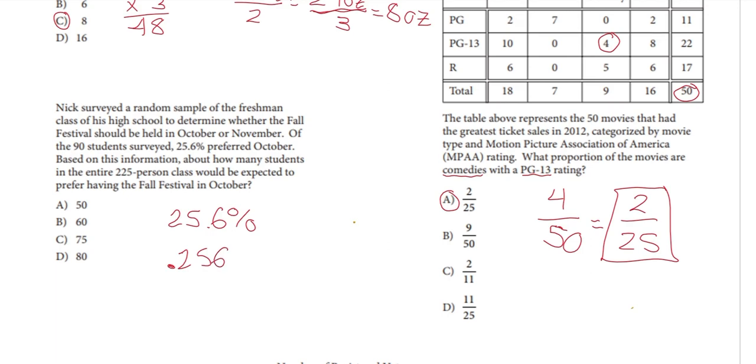And when we're trying to find 25.6% of a number, we're going to multiply this decimal by 225. And if we plug this into a calculator, 0.256 times 225, we're going to get 57.6 people. So that would be closest to B, which is 60.